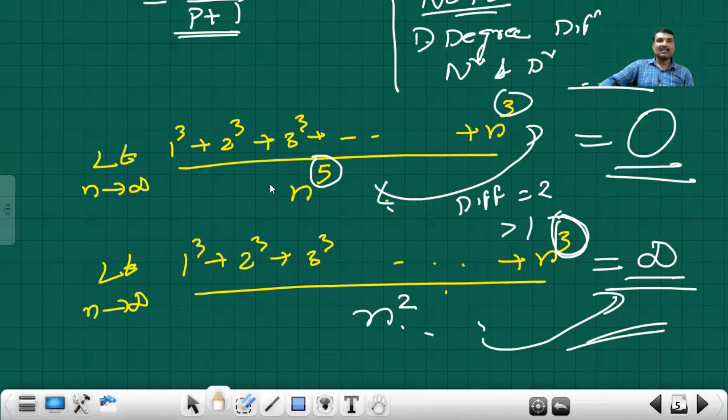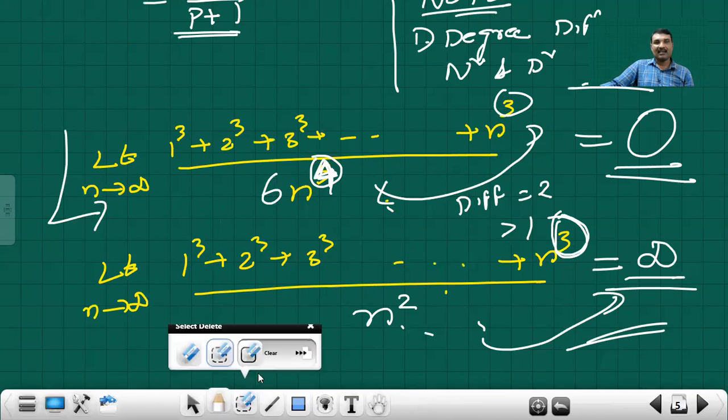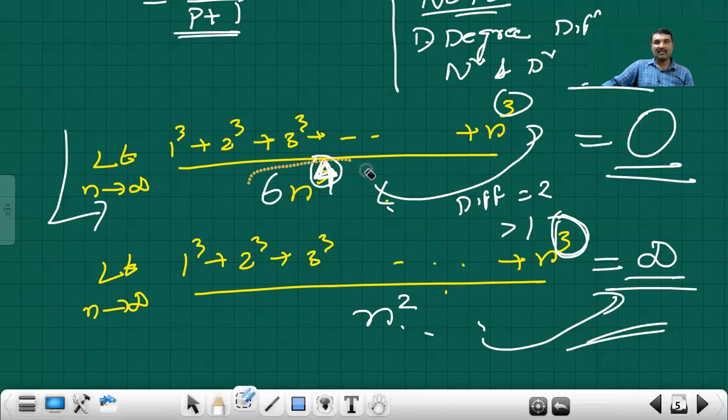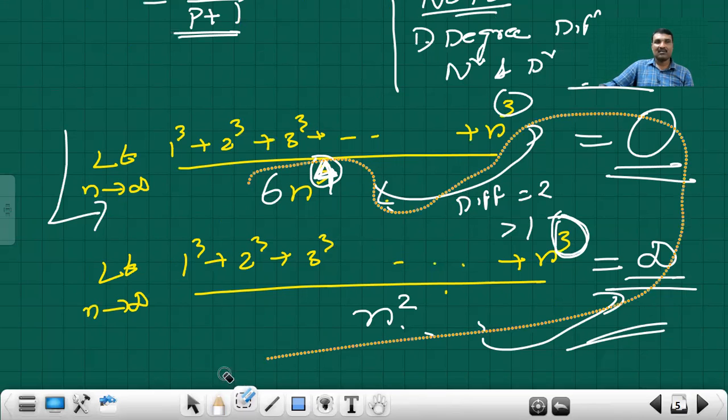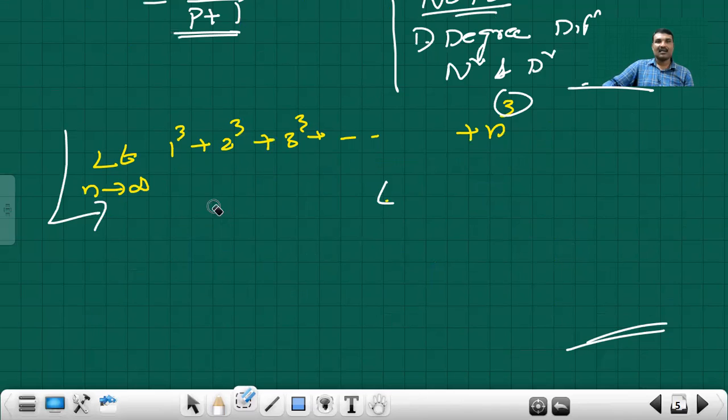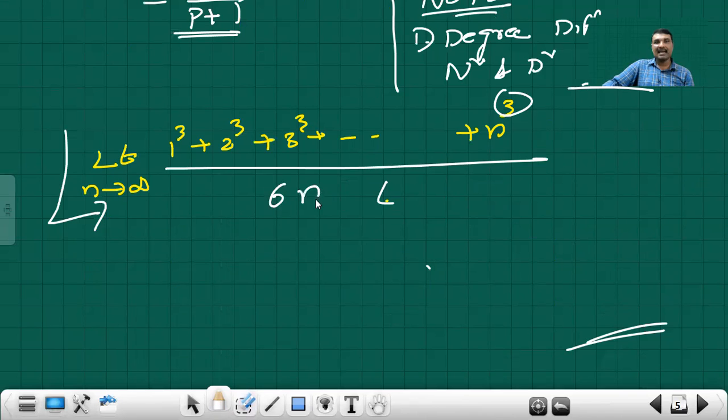Suppose in this question, in the denominator I have some constant, like 6 n raised to 4. Now what is the degree difference? Suppose our question is 6 n raised to 4.